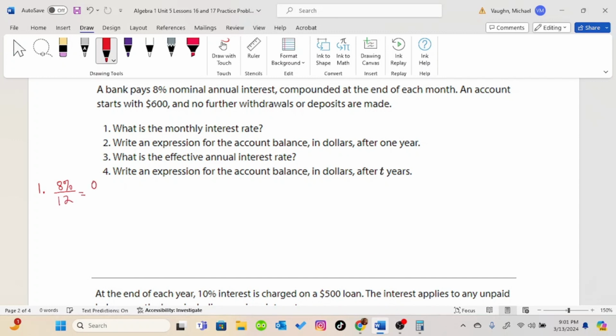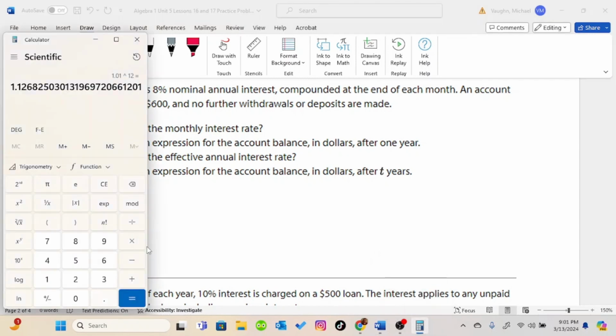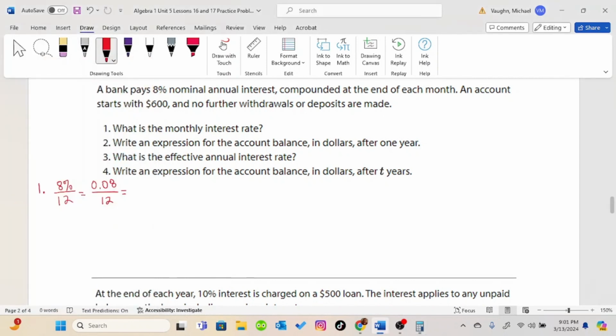So this becomes 0.08 divided by 12, which equals approximately 0.0067, which is approximately 0.67%.